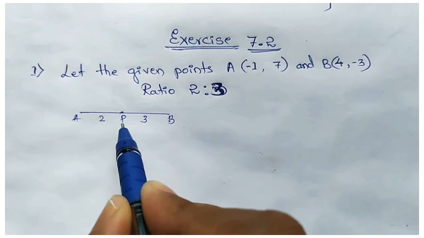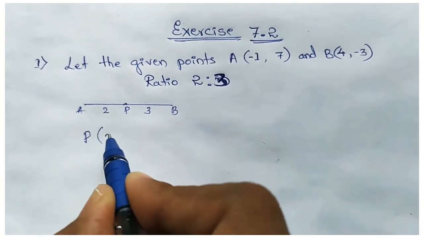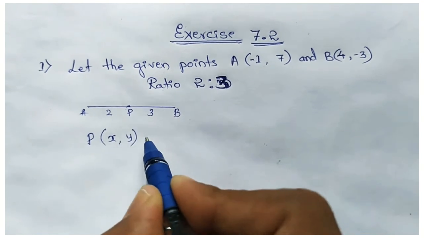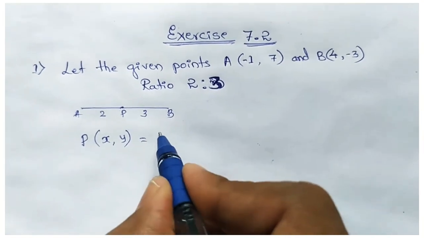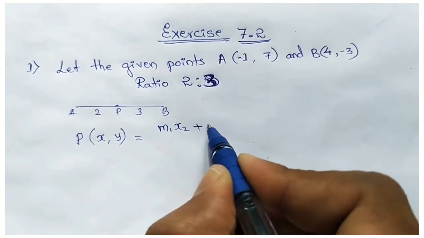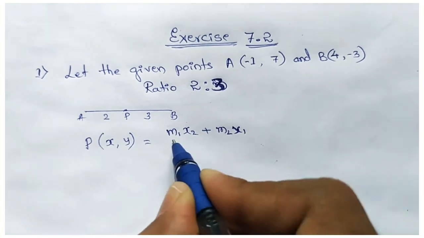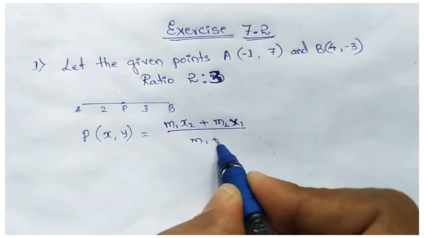We have to find the coordinates of P. For that we have the formula, P of x, y equal to m1 into x2 plus m2 into x1 divided by m1 plus m2.